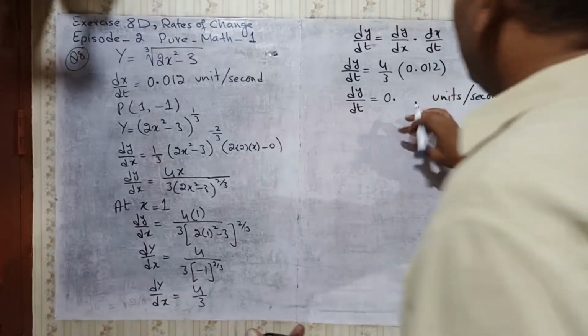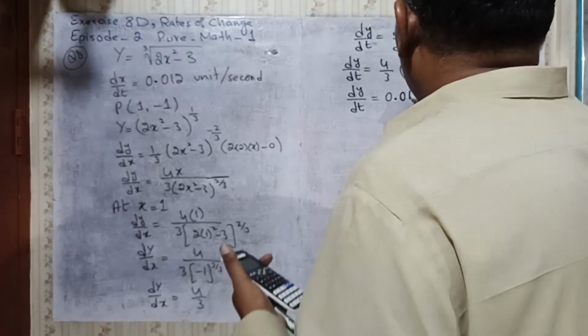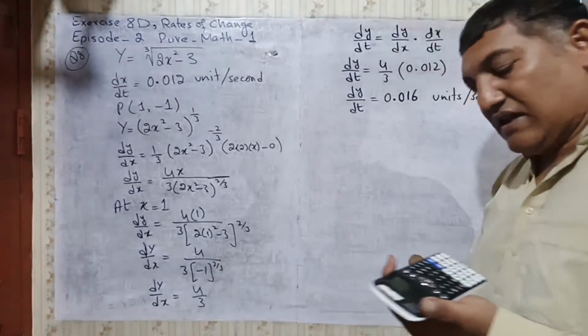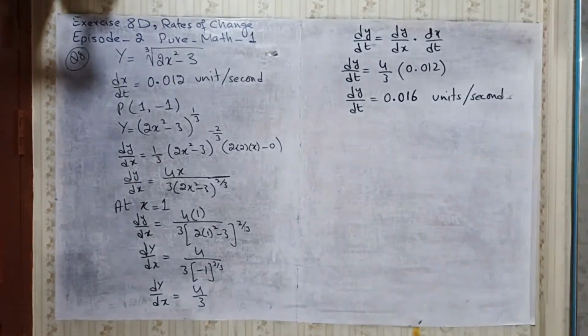I did it mentally, so that was not right. On the calculator, the answer is 0.016 units per second, and it matches the book's answer.